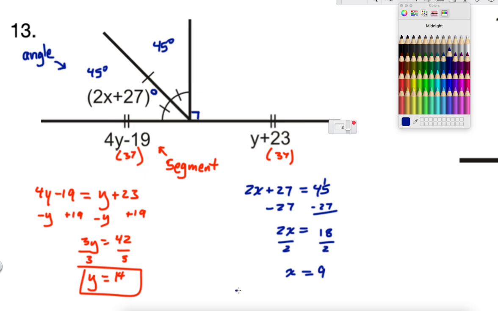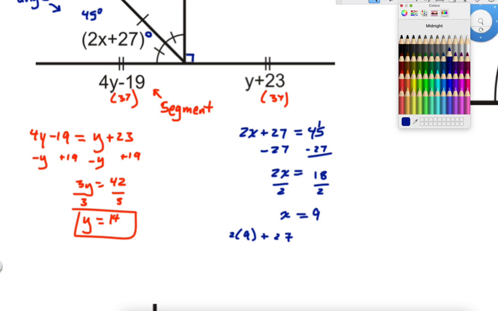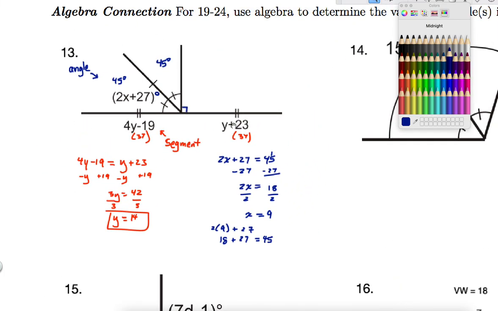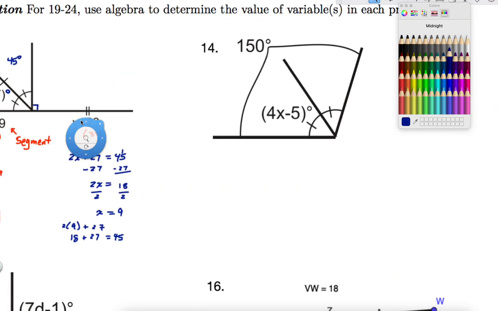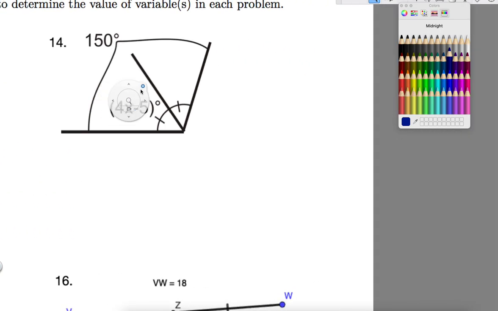So 2 times 9 plus 27 better be equal to 45. And 18 plus 27, that in fact does equal 45. Okay, that was 13.